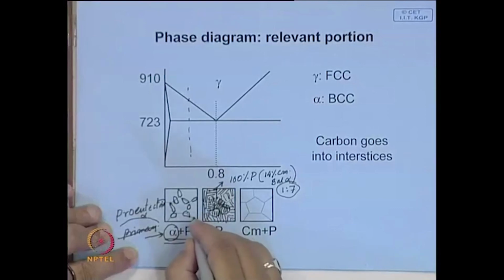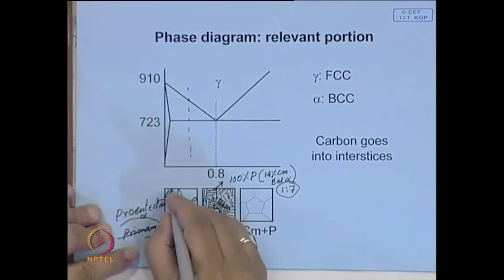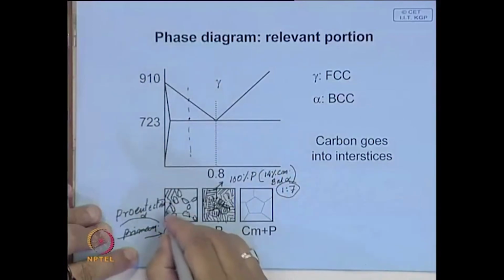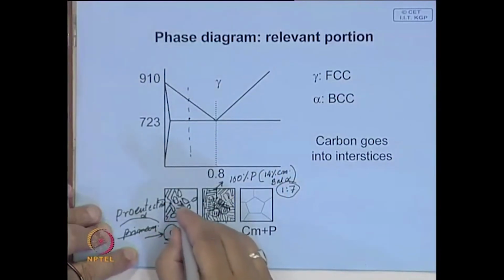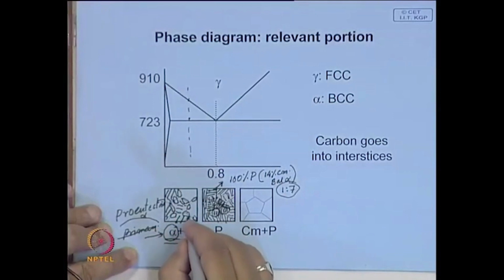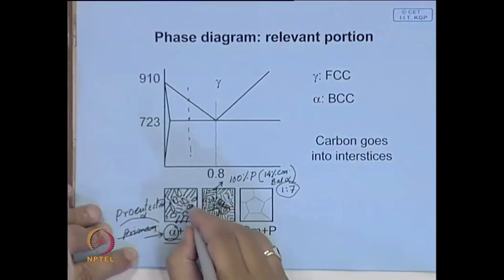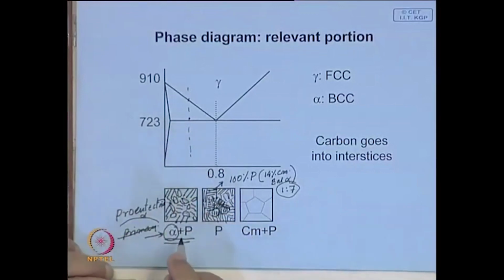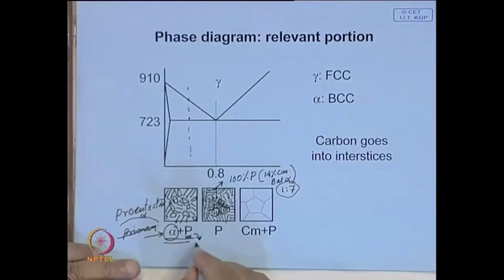These are the ferrite grains, and once it reaches this temperature, the balance will convert into pearlitic structure. So the structure here will be made up of proeutectoid ferrite and perlite, and this perlite again is made up of cementite plus ferrite.